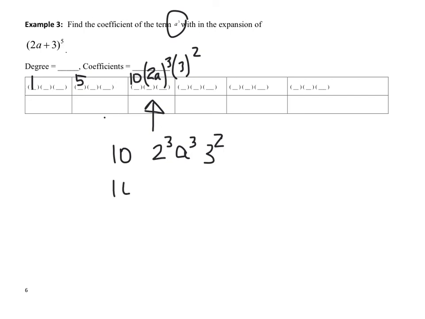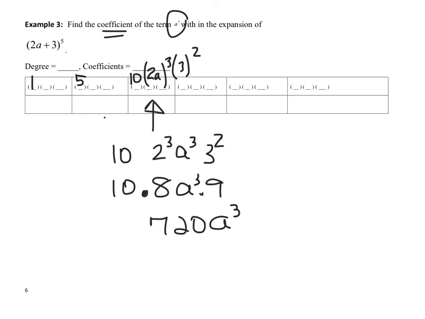So this is the same as 2, 10. This is 8, a cubed, and this is 9. So we multiply all this, we get 720 a cubed. But the question was asking, find the coefficient, so the answer is 720.